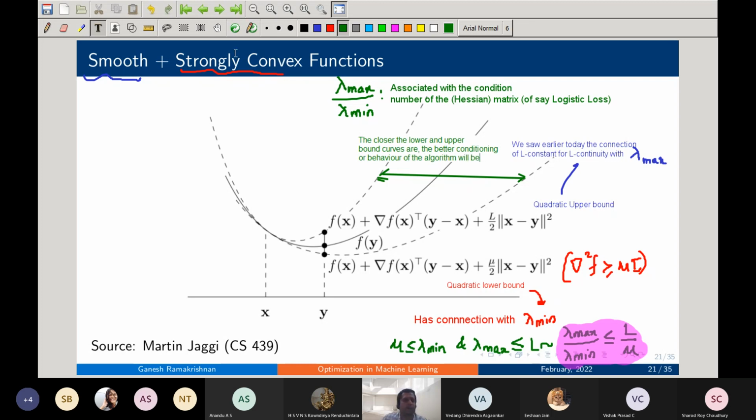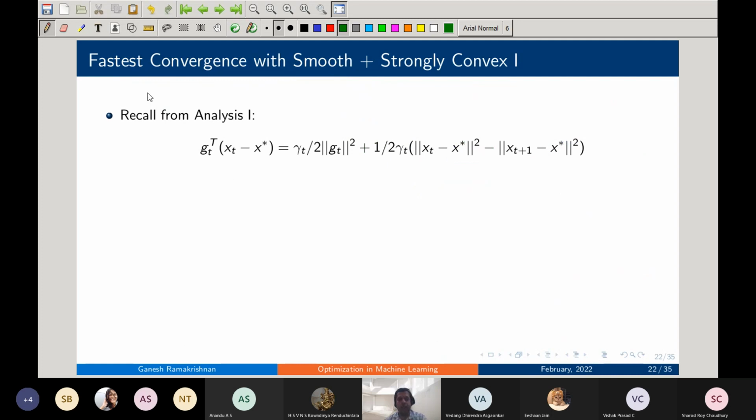We'll see more of that a little later. But just to give you an idea that strong convexity and smoothness, Lipschitz smoothness, are very closely related. This is a little bit of insight, but let's look at the algebra. Okay, so what's the analysis here like?